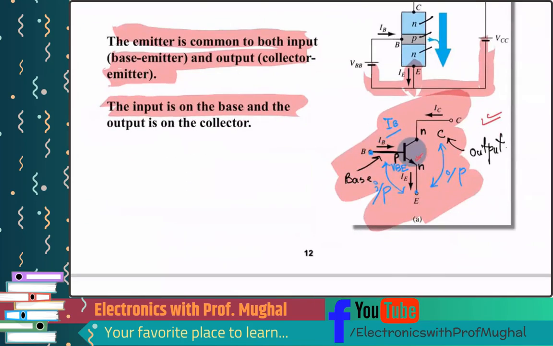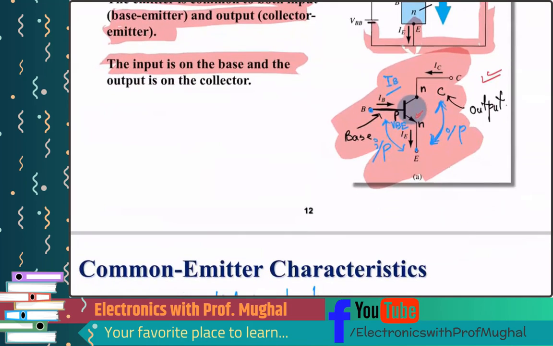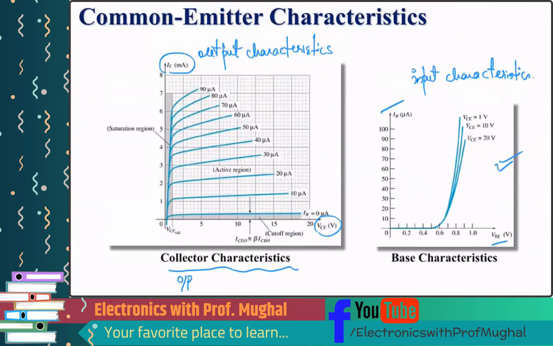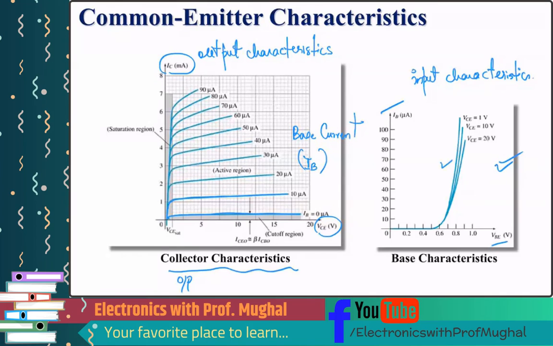So VCE, and then the output current is the collector current, IC, and there's a graph. The lines you see here, folks, will be in the data sheet. These represent base current. Similarly, these three lines that you see over here are VCE, the output voltage.